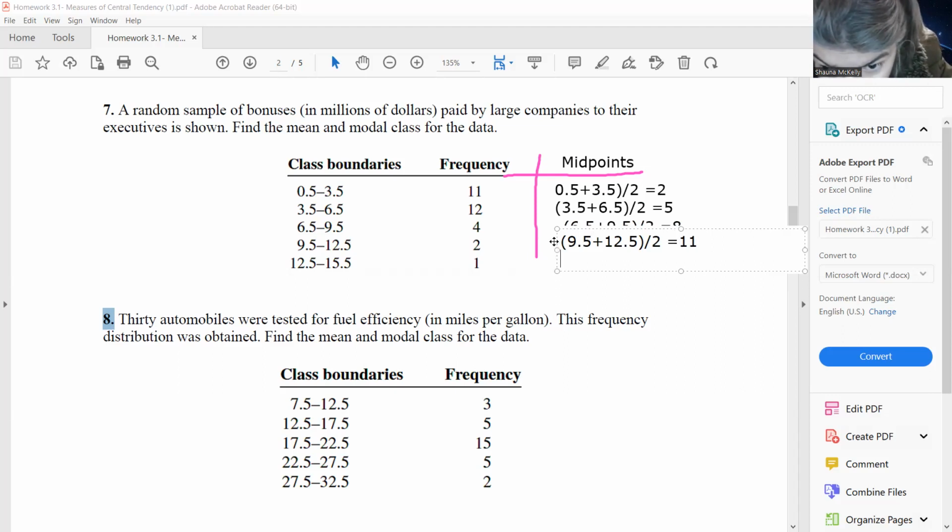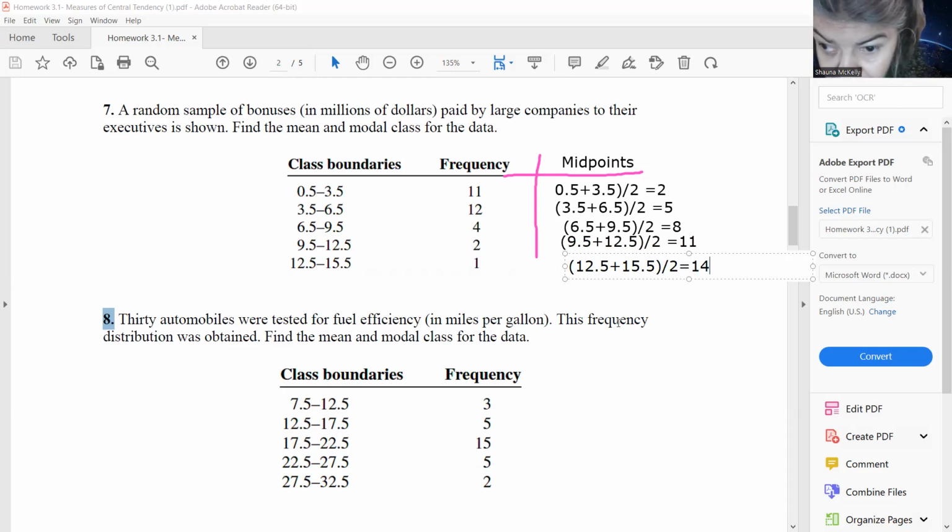And finally, this one is 12.5 plus 15.5 divided by 2. That's 28, so that's 14.